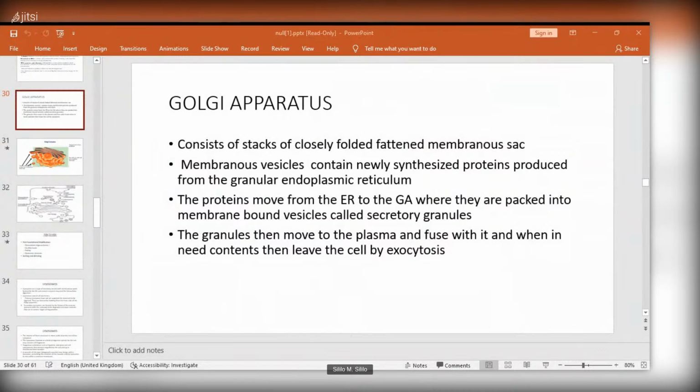So they have that property of transporting proteins produced from the ribosomes on the endoplasmic reticulum to different organelles, but mainly to your cell membrane.